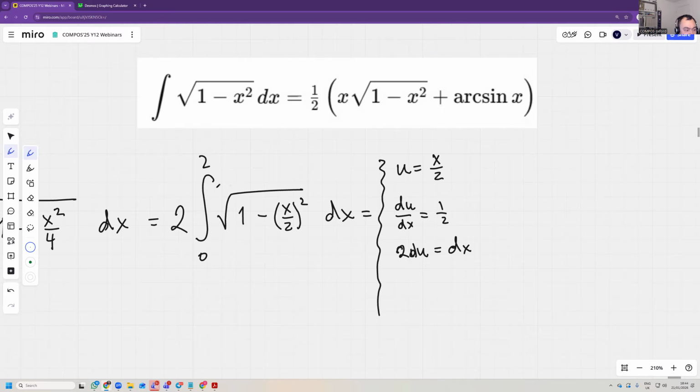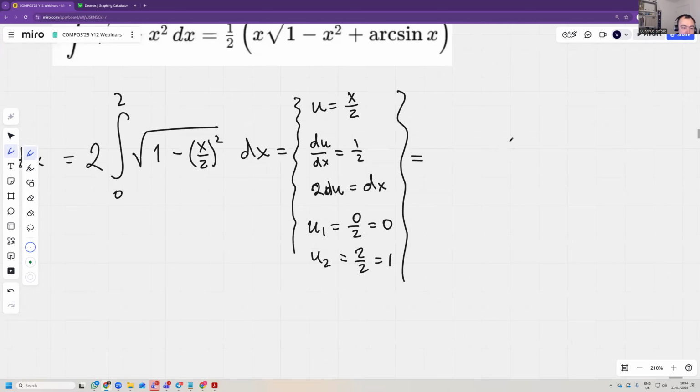And then the lower limit, so u1 is going to be 0 divided by 2. So that's 0. And u2, the upper limit, is 2 divided by 2. That's going to be 1. So now my integral becomes 2 multiplied by the integral from 0 to 1 of square root of 1 minus u squared, multiplied by 2 du.